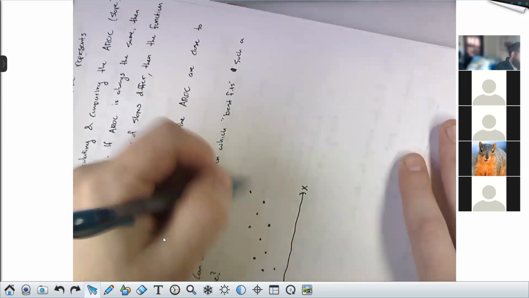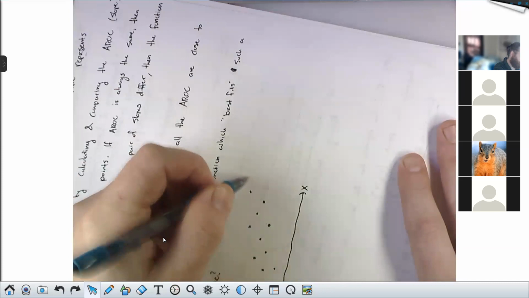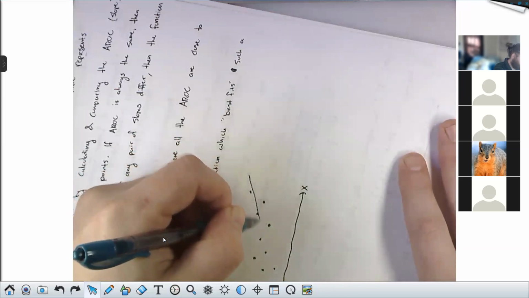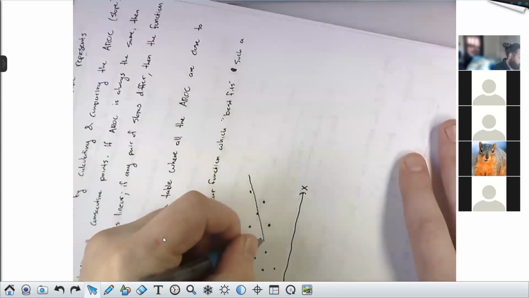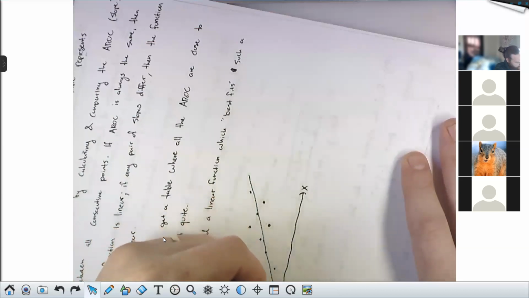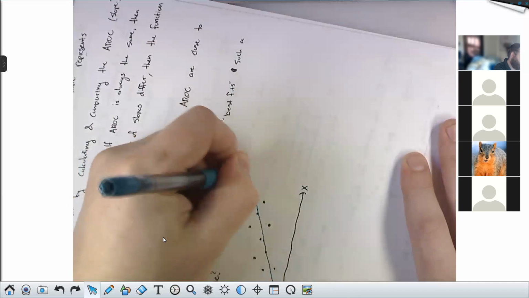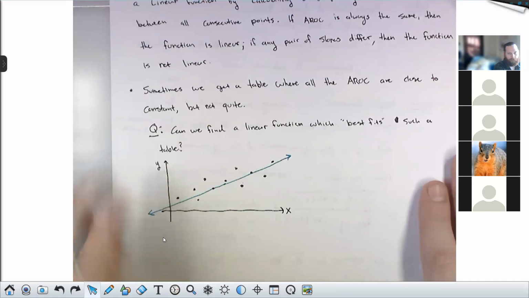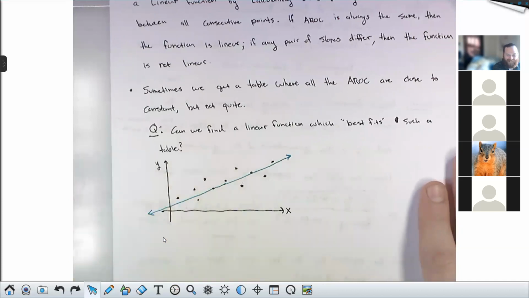So I'm going to do my best to draw in the line that I feel best fits this data. Something about like this, right? Maybe this isn't quite perfect, but that data is neatly gathered around that line.